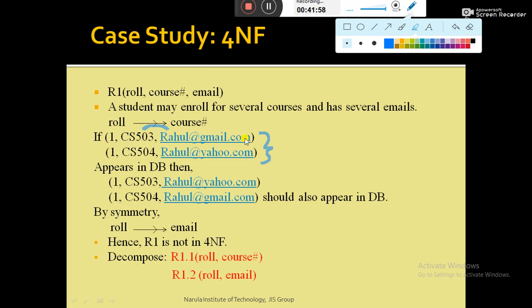Why? Because there should be no relationship between a student's email ID and the corresponding enrolled course.